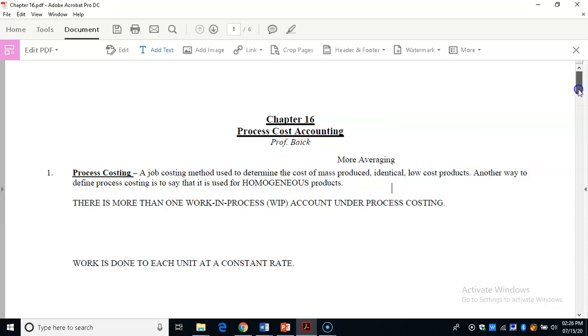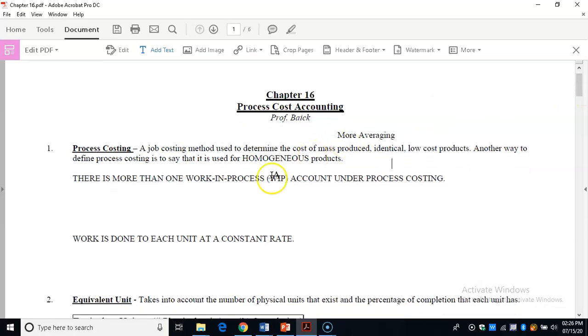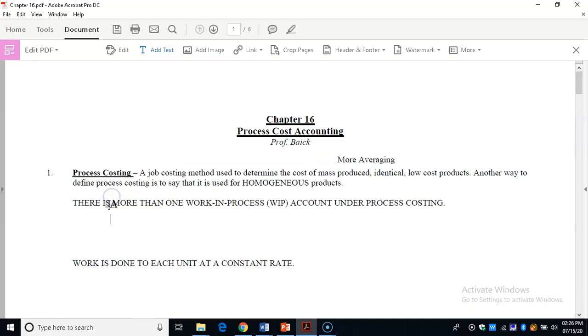So let's begin. First thing you need to know is that process costing uses more than one work in process account. When we did job order costing, we saw that job order costing uses only one work in process account. Now with process costing, we use more than one. So for example, we might have work in process number 1, and then work in process number 2, and work in process number 3.